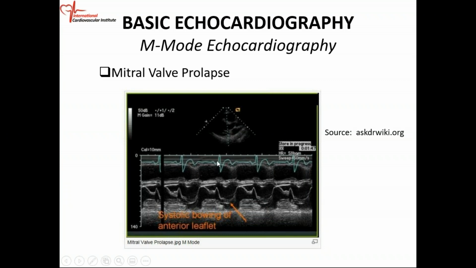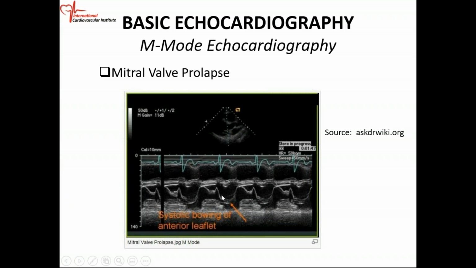Systole is from the onset of the QRS to the end of the T wave. Diastole is from the end of the T wave to the QRS. So in diastole the mitral valve opens, diastole the mitral valve opens, diastole the mitral valve opens, with your D point, your E point, F point, A point, C point.